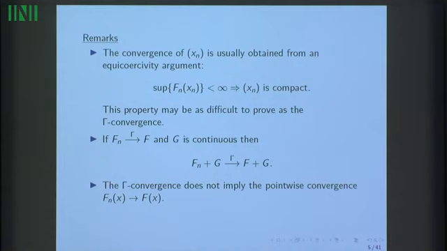And so two other properties. If you have Fn which gamma converges to F, you can add a continuous function and you preserve the gamma convergence. However, you cannot do this with Fn plus Gn. Gamma convergence is not stable upon addition because of the recovery sequence.